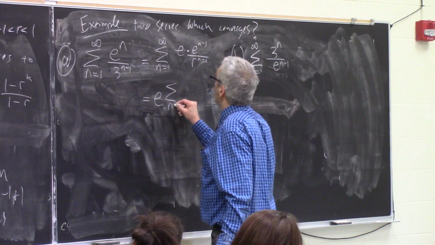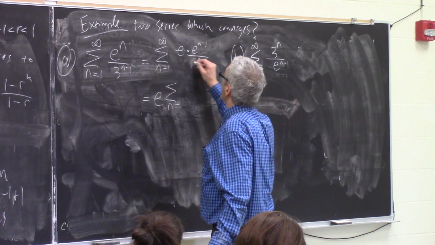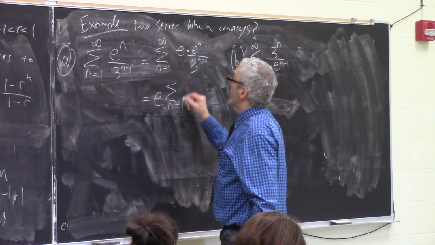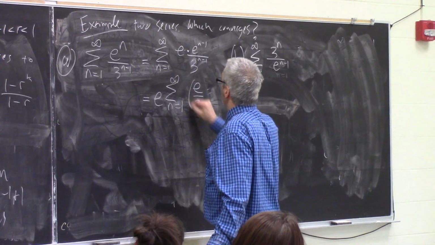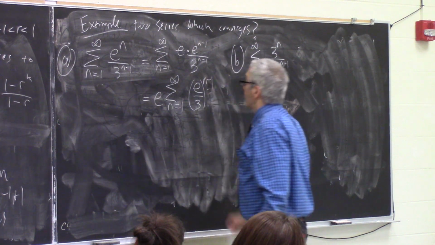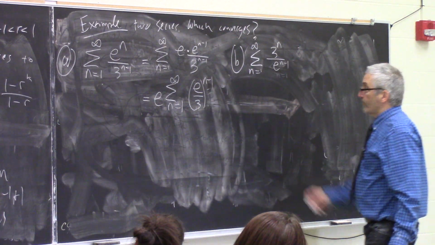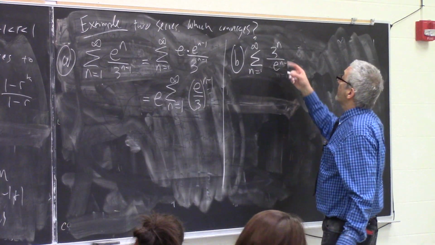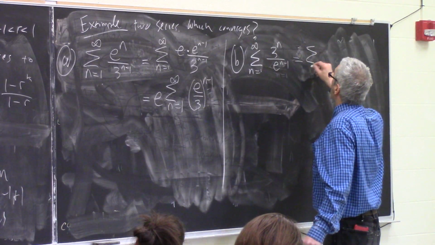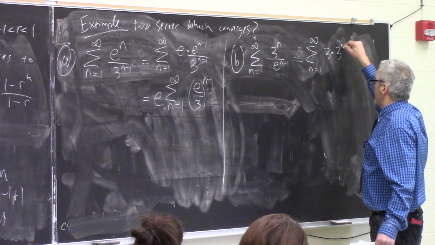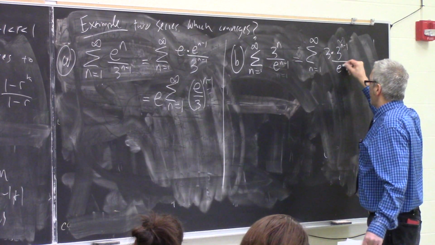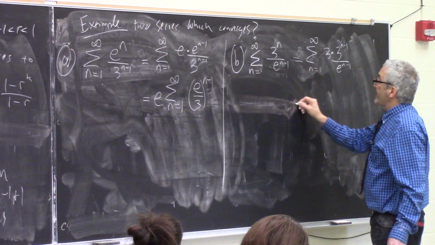Should that r be a 3? 3. Thank you. And inside I have e over 3 to the n minus 1. Over on this side, I can pull out a factor of 3. So I have 3 times 3 to the n minus 1 over e to the n minus 1. I can pull the 3 outside.